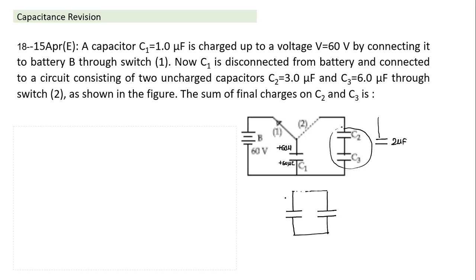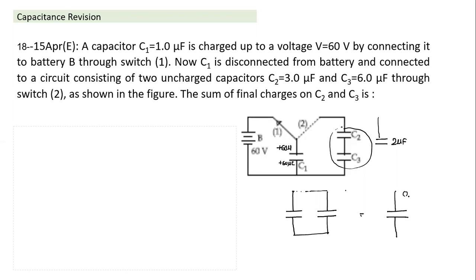So before the connection was made, whatever charge was there, the charge remained constant. Capacitance changes. So when we connect like this, what is the point? Net charge remains the same. So what will be the net charge on the system? When we connect like this, C1 and C2, these two will become parallel. So C equivalent will be equal to what? In this case, after they are connected together, the charge Q will remain the same.